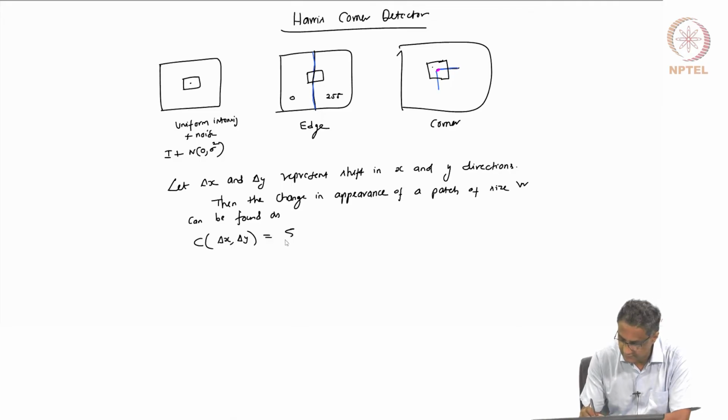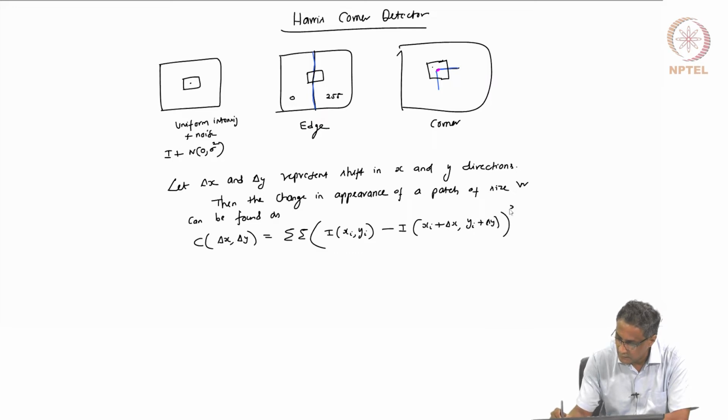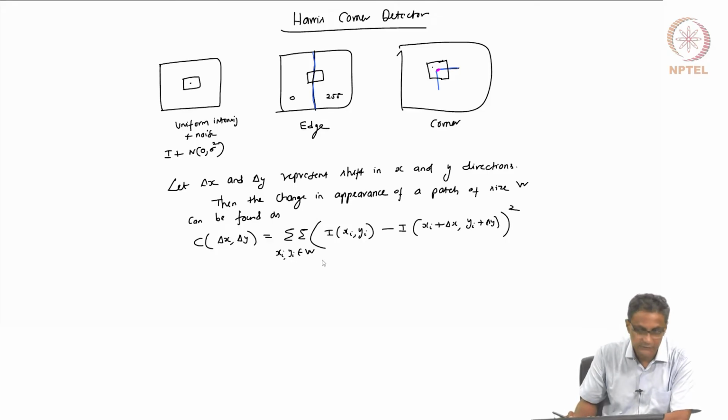So, this let us say we compute as summation of I of xi, yi minus I of xi plus delta x, yi plus delta y, and xi, yi belonging to this w, which is the size of that patch.